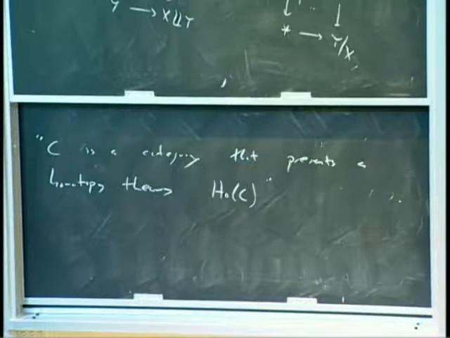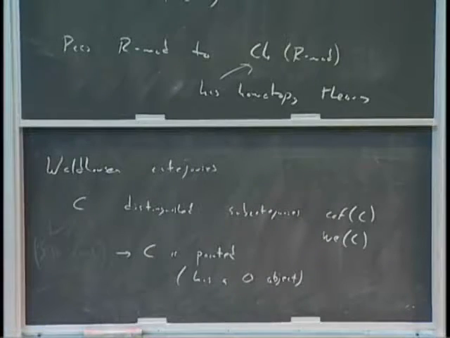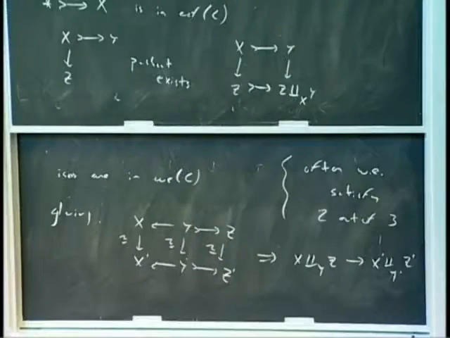But this has other data. It has the data of these squares. And what are these squares? If I'm working in the category of spaces, I can't remember now if this was said in the talk on homotopy limits and colimits. But if I want to compute the mapping cone, or any of the familiar examples of homotopy colimits in spaces, what do I do?